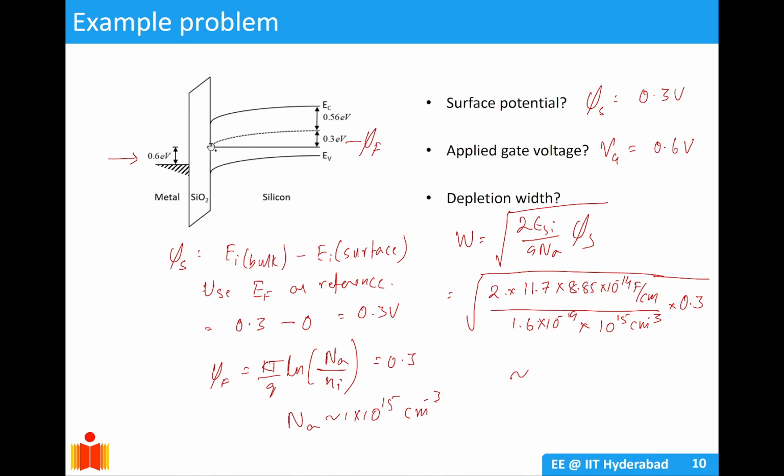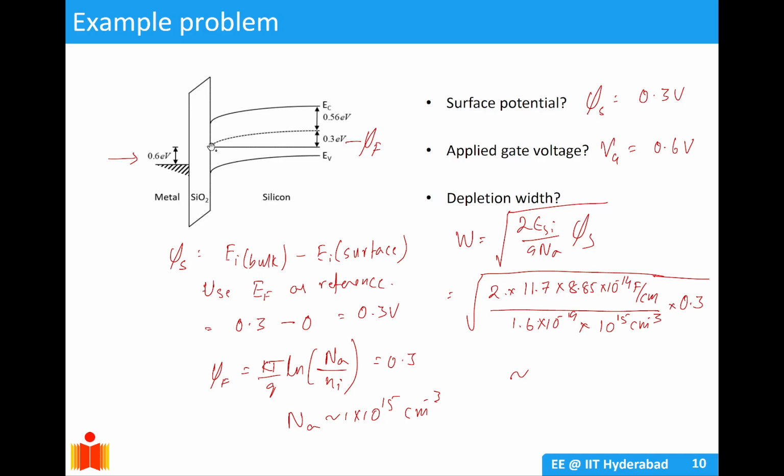So now you have an example problem. You have to first get the surface potential. See here your Ei and Ef are joined.